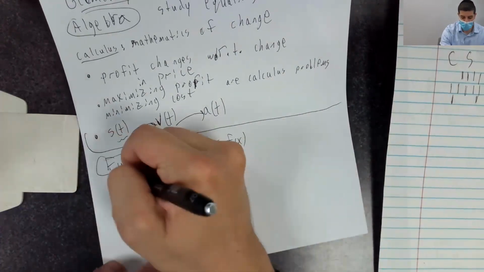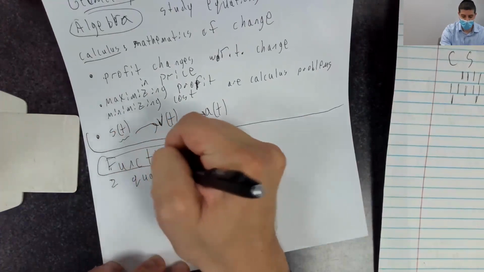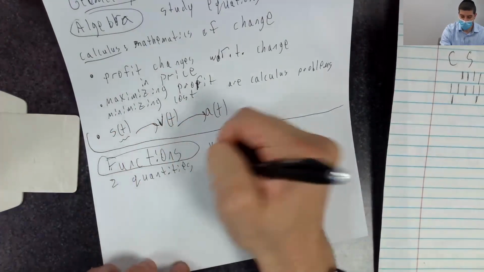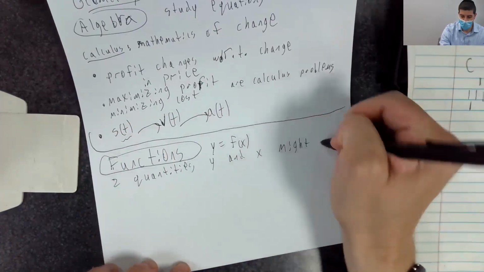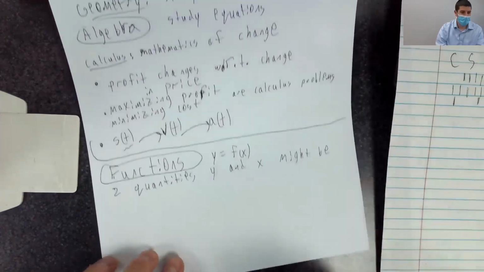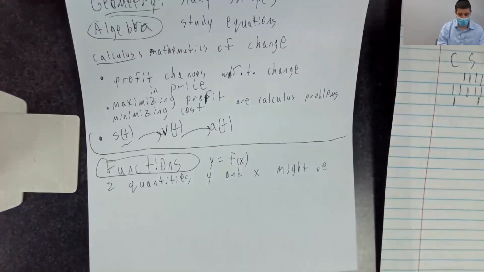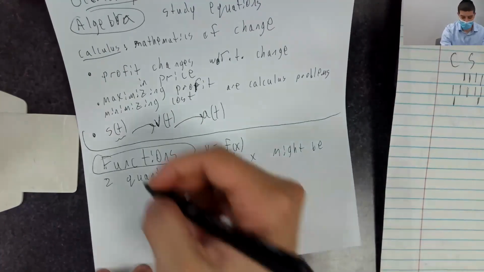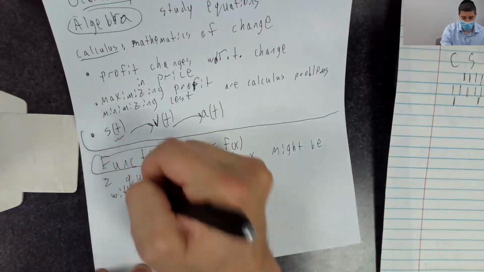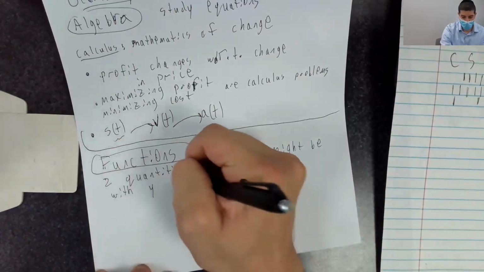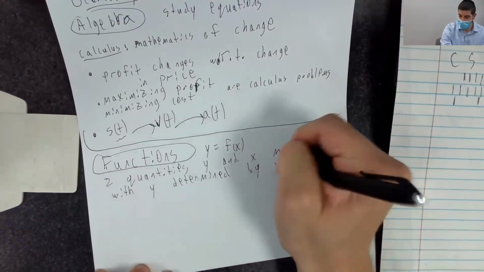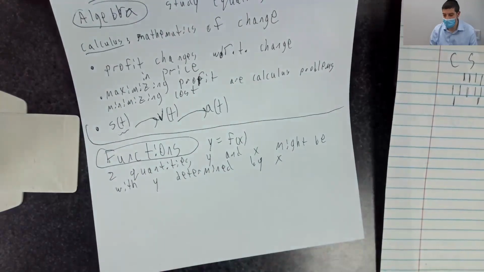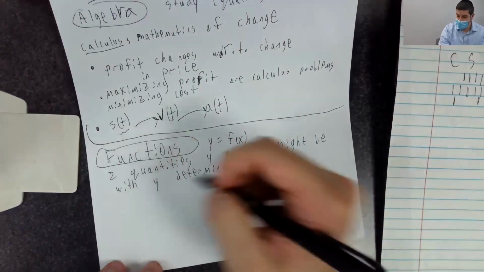Two quantities, y and x, might be related. A function describes a relationship between two things, with y determined by x.